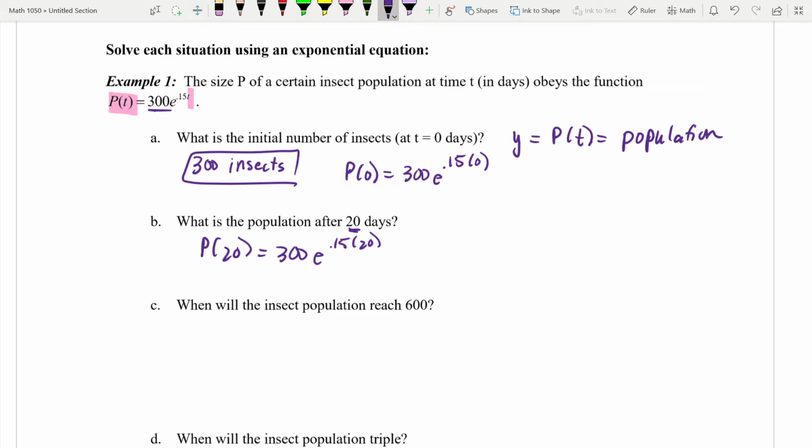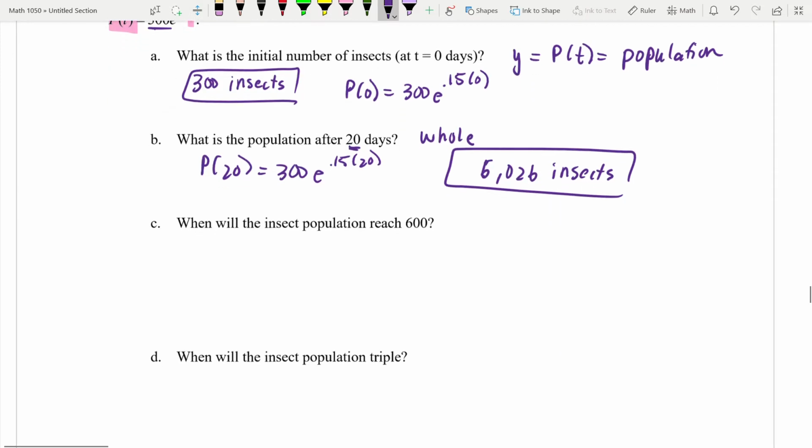And everybody go 300, second ln, 0.15 times 20, close it off, hit enter, and we're going to round this to the nearest whole. So it's going to be 6,026 insects. Make sure you label it, okay? So the number is a point and the label is a point. So you've got to make sure you get both of those, okay?